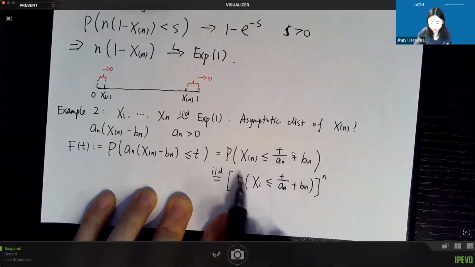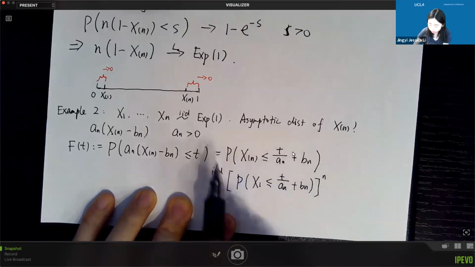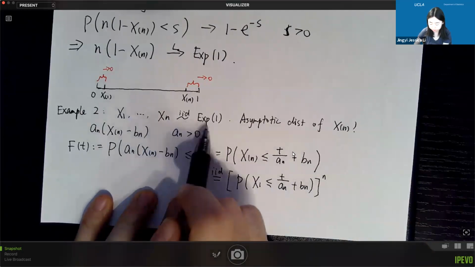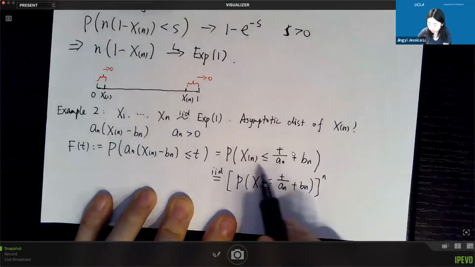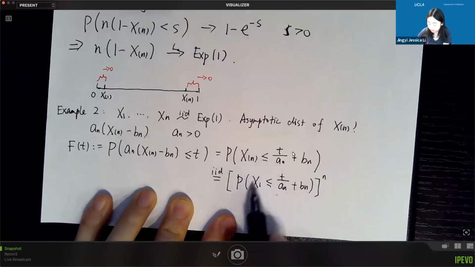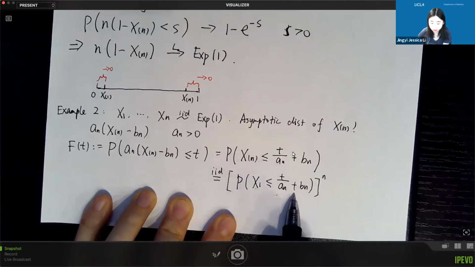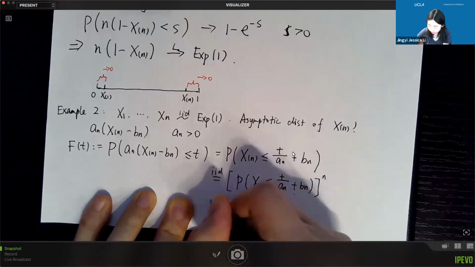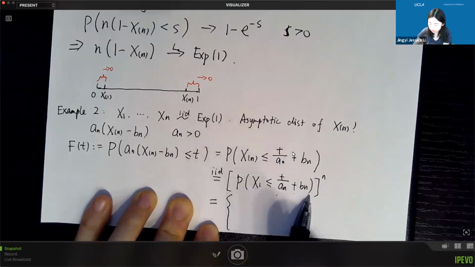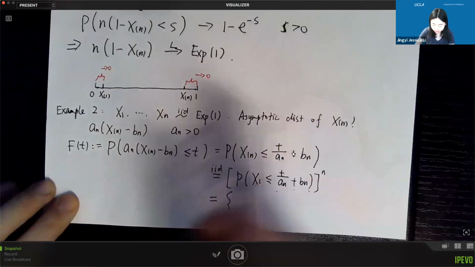So we know that X1 to Xn are exponential 1, so they must be positive. And here, if we write it this way, you see, X1 is exponential 1. So this value is equal to what? Let me write it here.